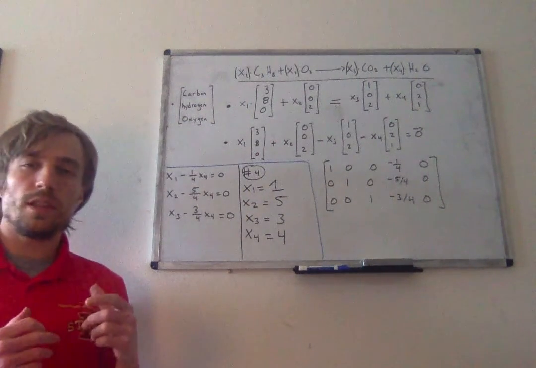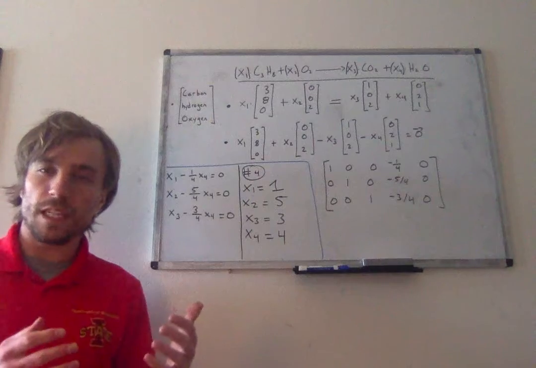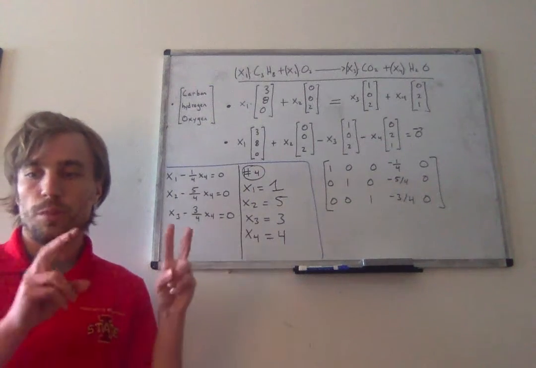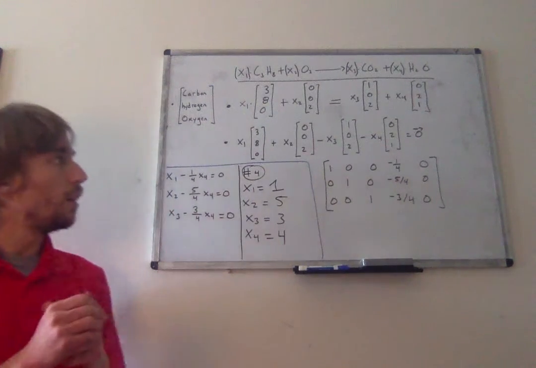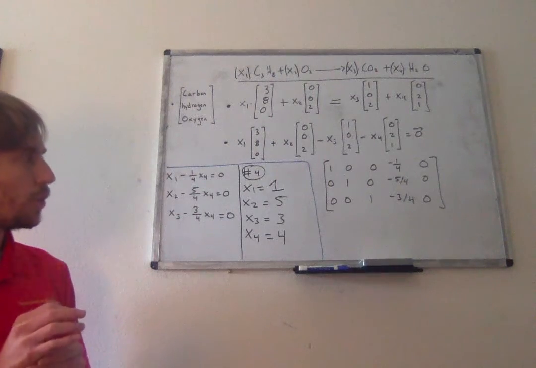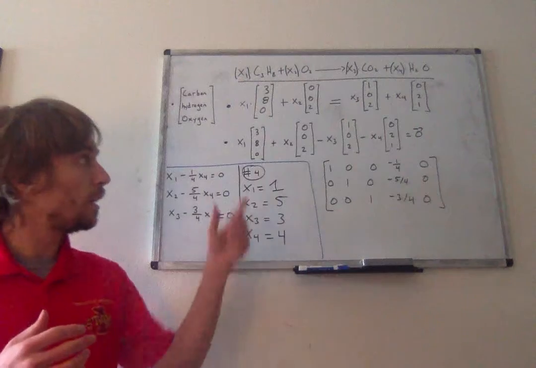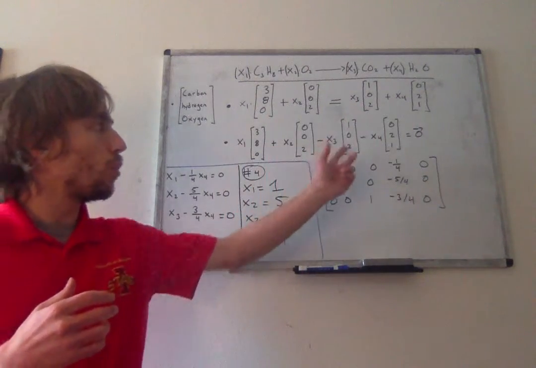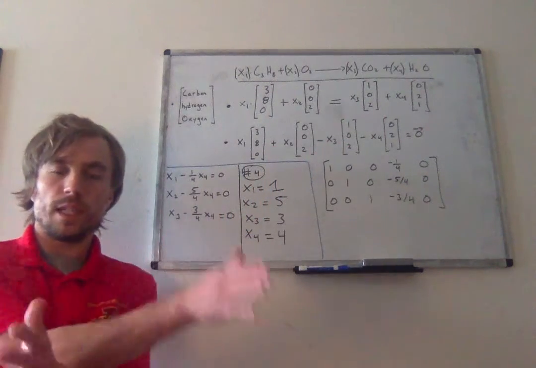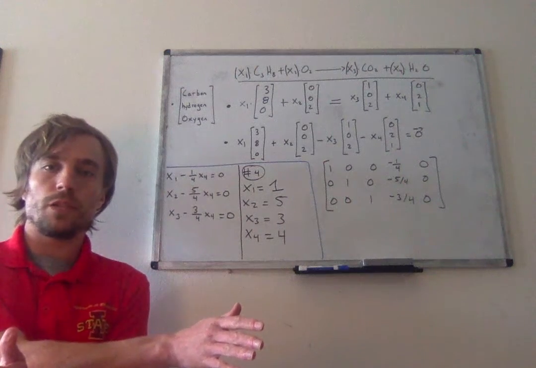And so notice that just because x4 is the free variable, in a sense, any variable could be free. And so we could actually set this problem up in a different way so that any variable is free by just changing the order in which we assign these columns in our augmented matrix.